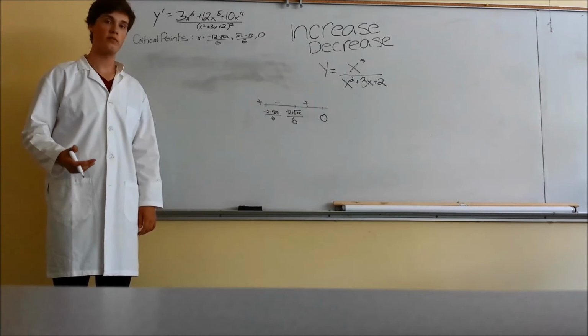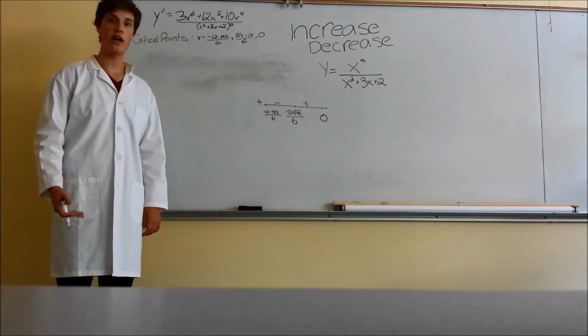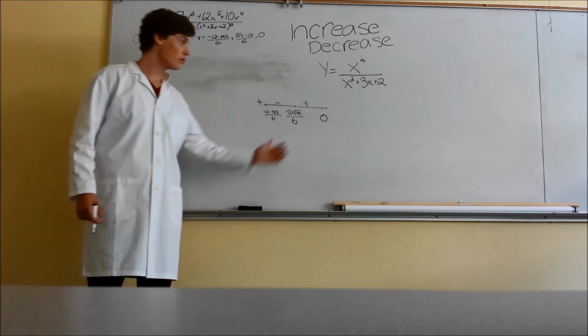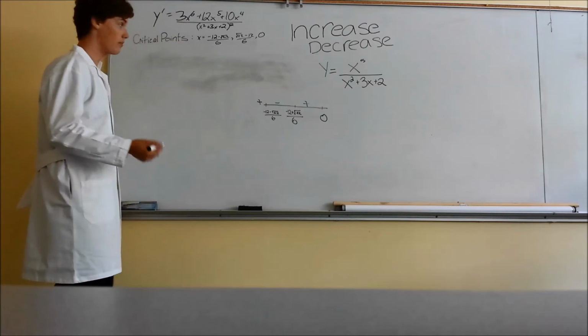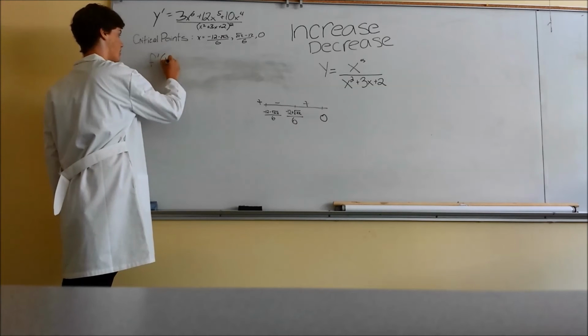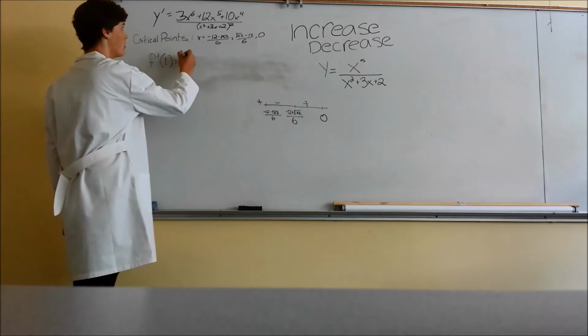To determine our final interval of increase or decrease, we plug in a value greater than 0, our largest critical point. Take, for example, 1. We put this value into the equation of the derivative.